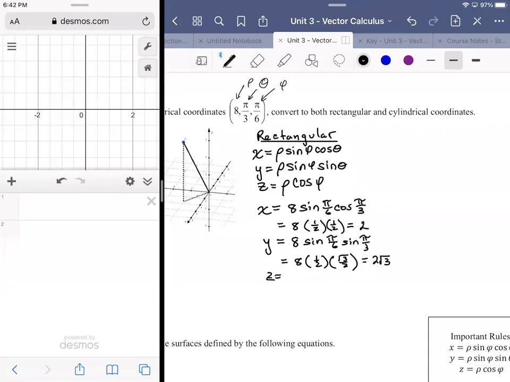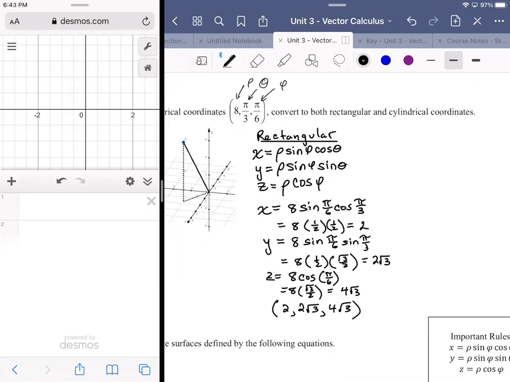And z is rho cosine of phi, so we're looking at 8 cosine pi over 6. So 8 times rad 3 over 2 is going to be 4 radical 3. So our rectangular coordinates, x, y, z, would be 2, 2 radical 3, 4 radical 3.